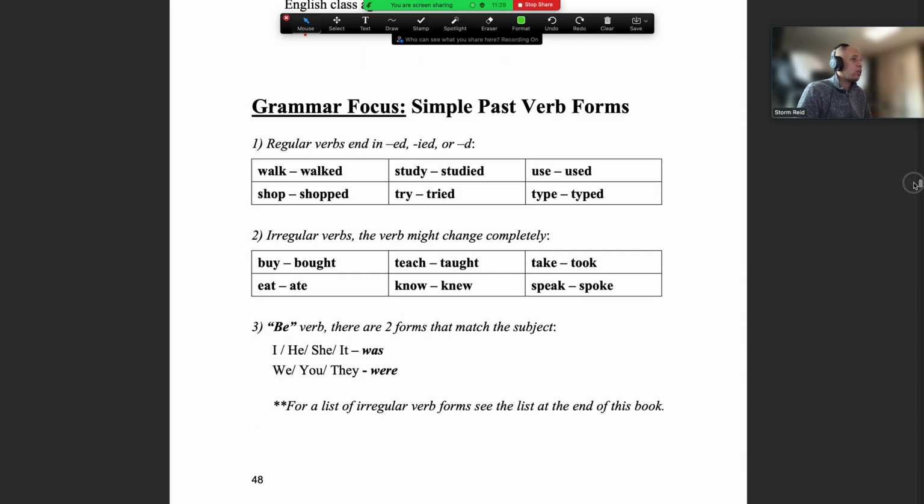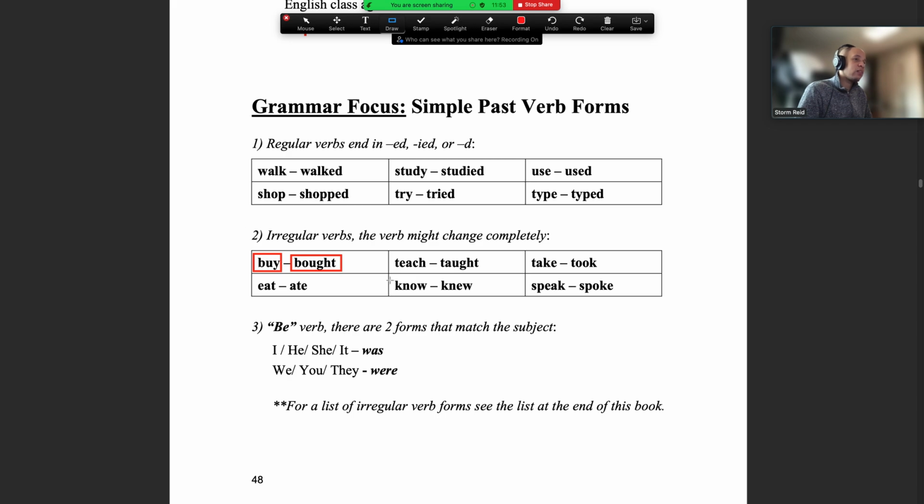So irregular verbs, guys. Now, what if we're talking about irregular verbs? So a regular verb, what is an irregular verb? An irregular verb is where the present and the past word are different. They're different words, okay? So you have to memorize two words. I know, it's difficult.